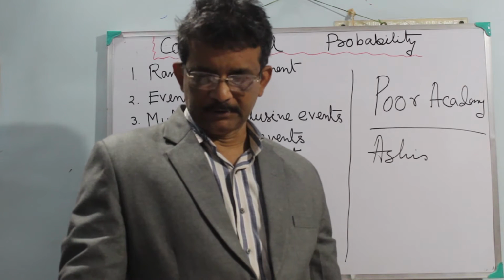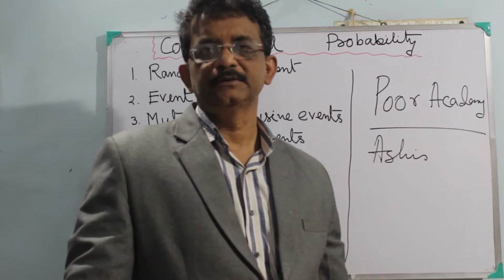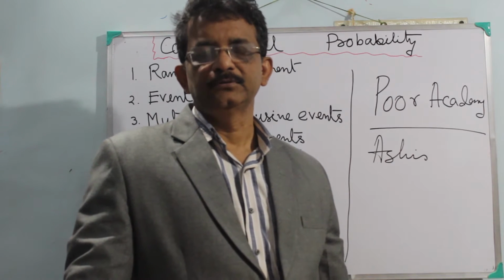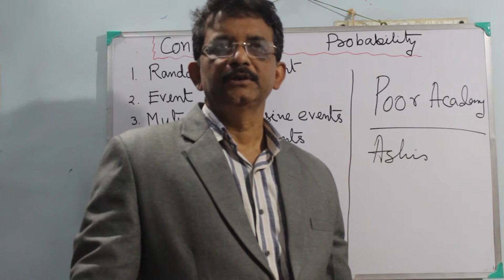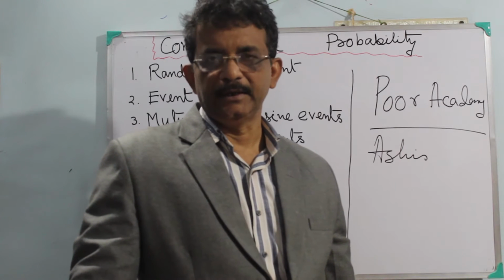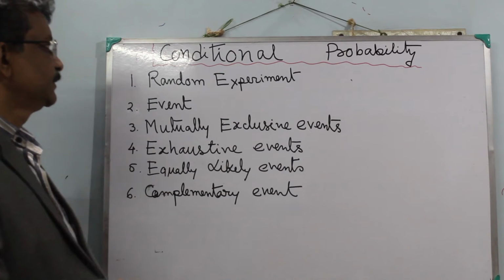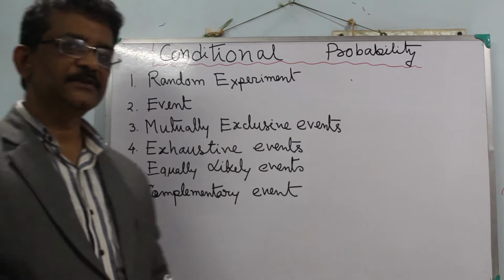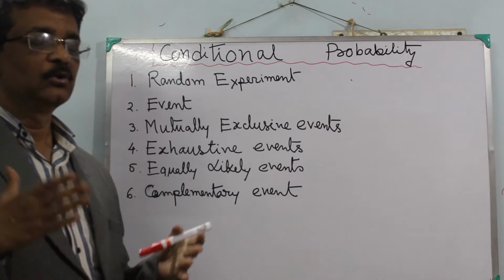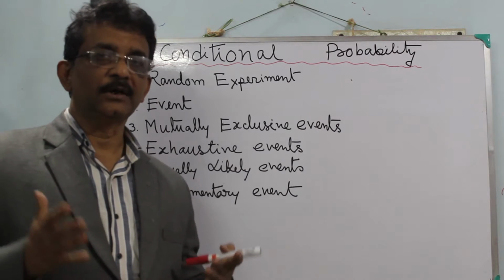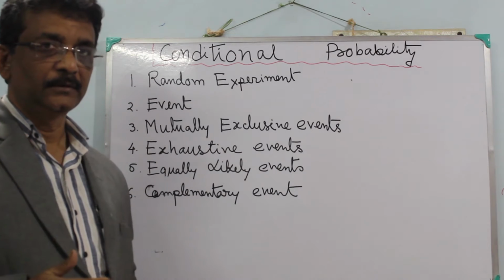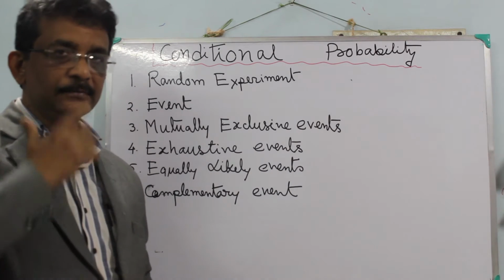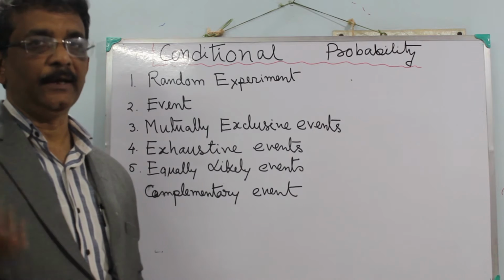So let's first start the introductory part which is required to study conditional probability and Bayes theorem. First, random experiment. Random experiment means any experiment whose results or outcomes are known and any of the results may appear.